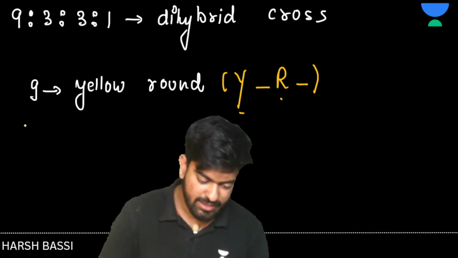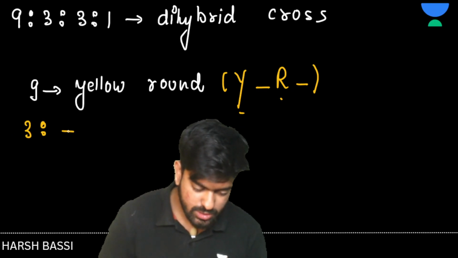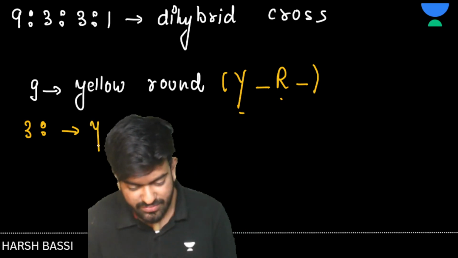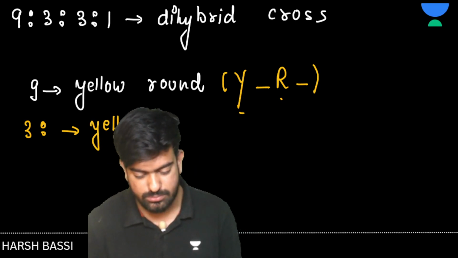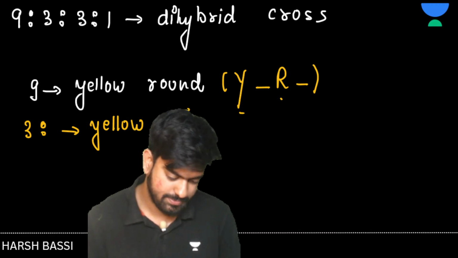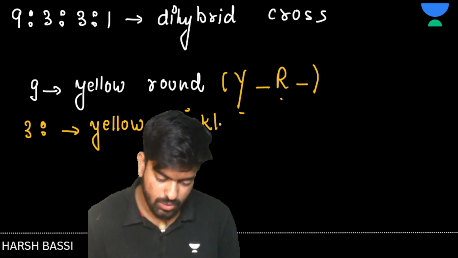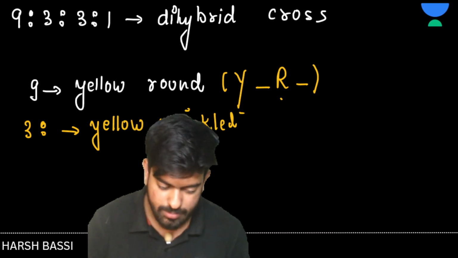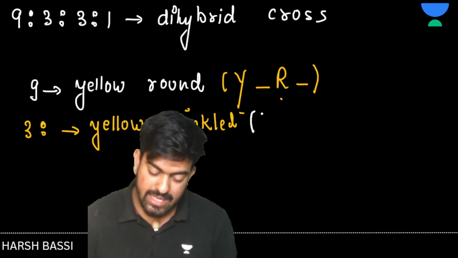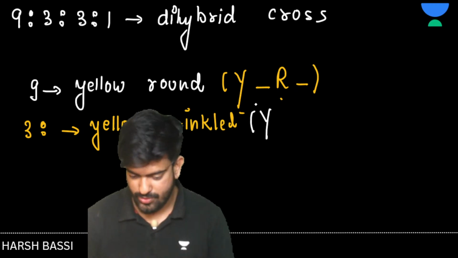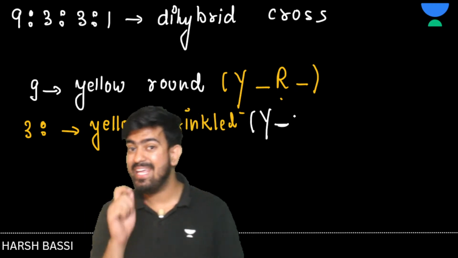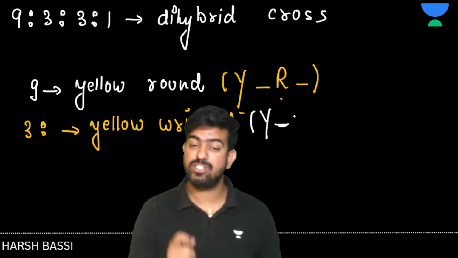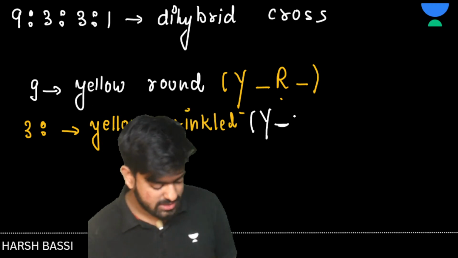In a similar manner, if I talk about this 3, we are getting yellow and wrinkled seeds. Yellow is dominant, so capital Y will be present, right? But here it is wrinkled, and wrinkled was a recessive character.